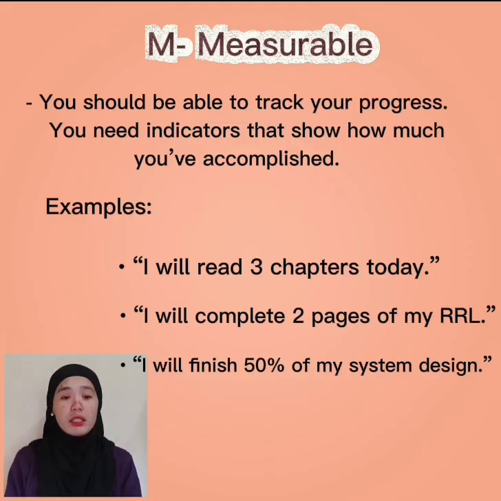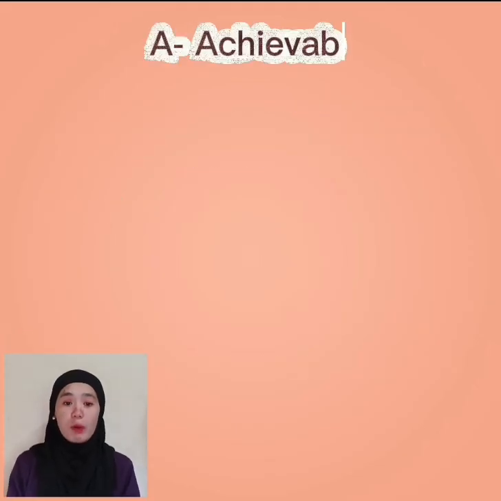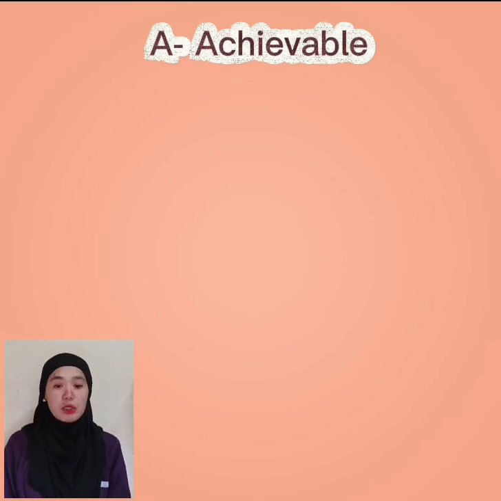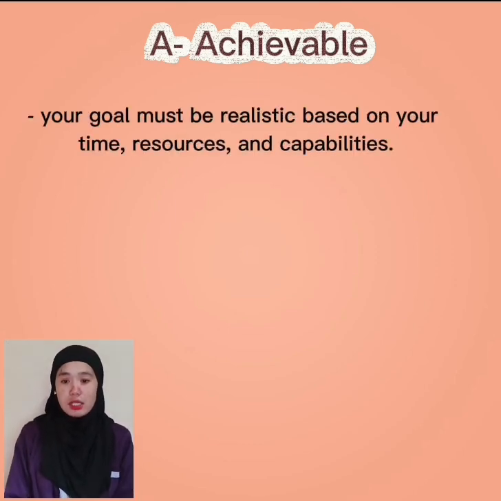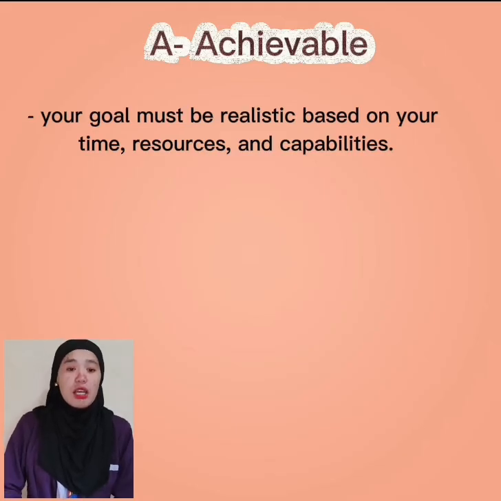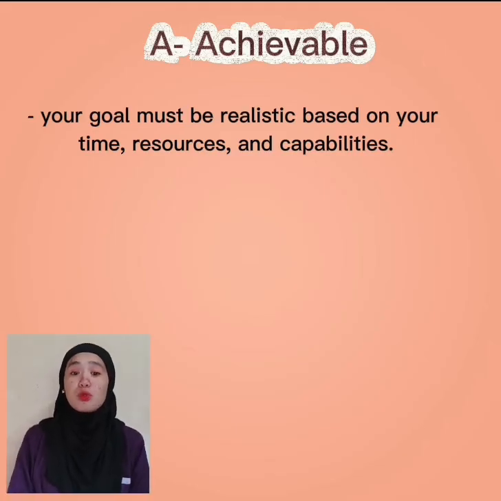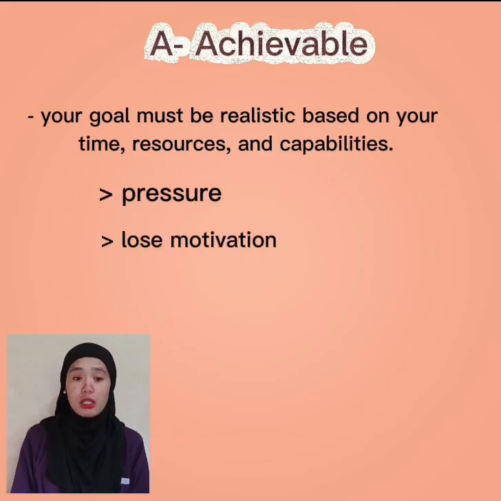So the next one, the A, which is achievable. Achievable means your goals must be realistic based on your time, resources, and capabilities. If your goal is too big, you might feel pressure and lose motivation.